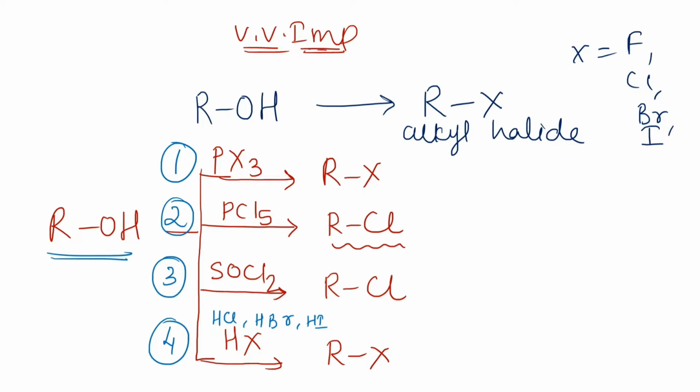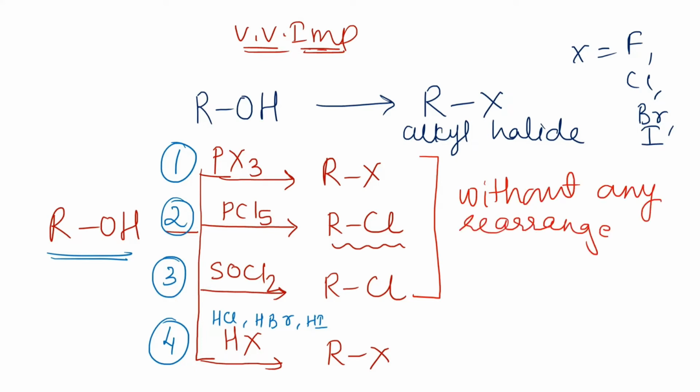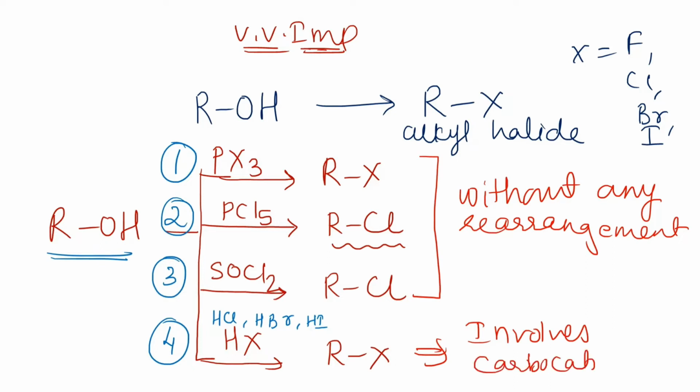Before we move further, we have to remember that these first three methods are without any rearrangement, whereas the fourth method involves the preparation of carbocation, and whenever this carbocation is there, there are chances of rearrangement.